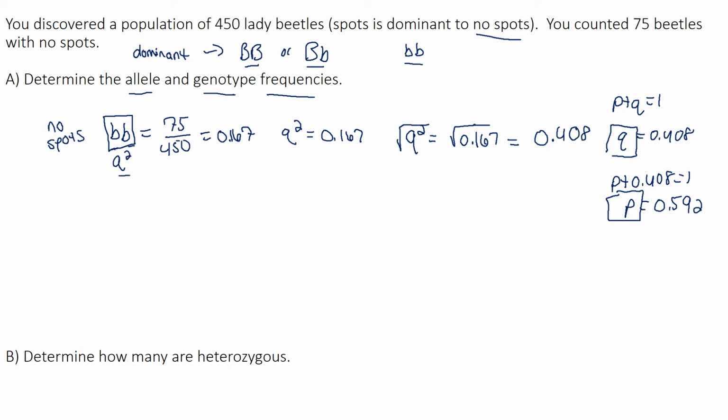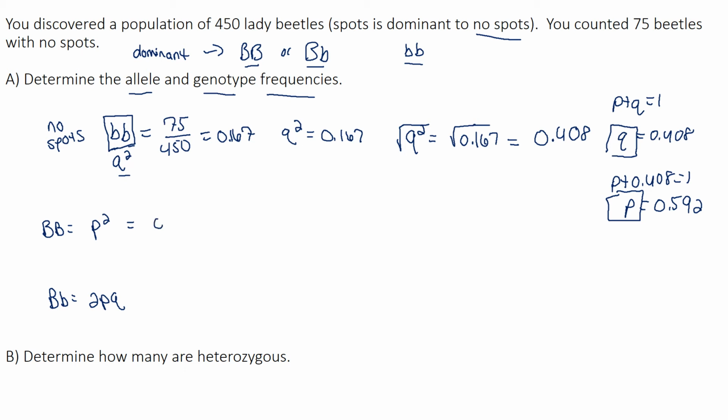Now we're going to finish up the genotype frequencies now that we have the allele frequencies. So we're going to go back. We know that we have little b, which is the same as q squared. Now we want to find p squared, and we want to find 2pq. p squared is the same as the homozygous dominant, and 2pq is the same as the heterozygotes.